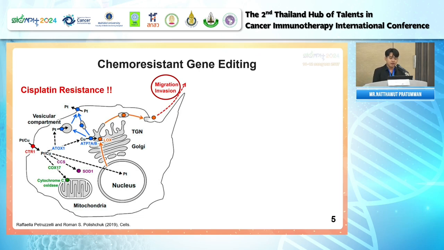That is the mechanism of cisplatin resistance in CCA.